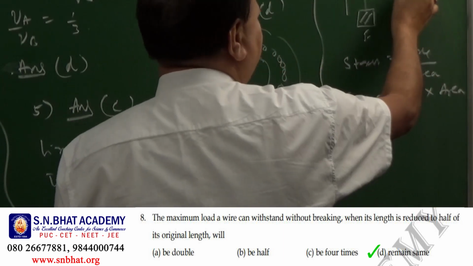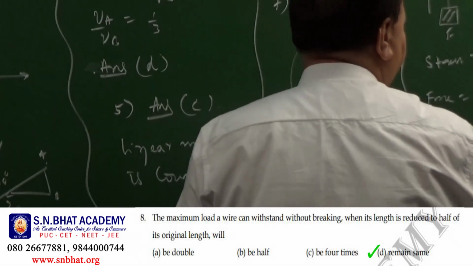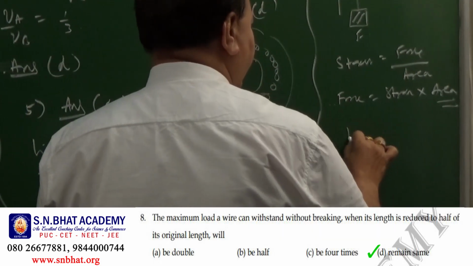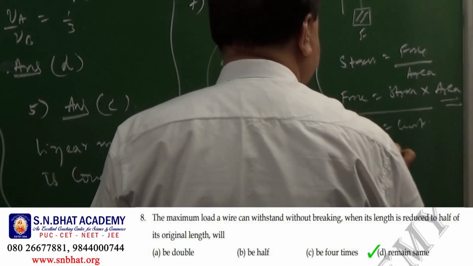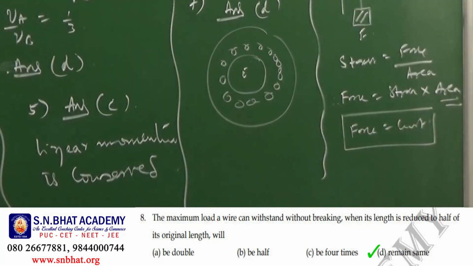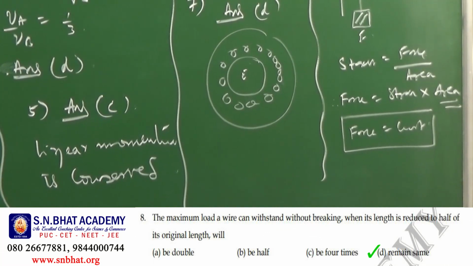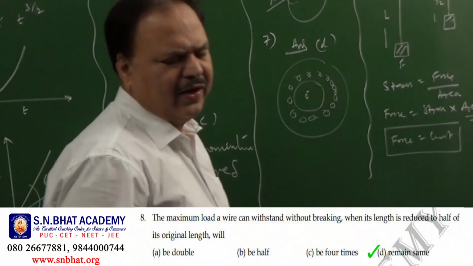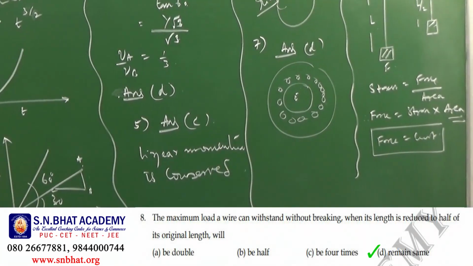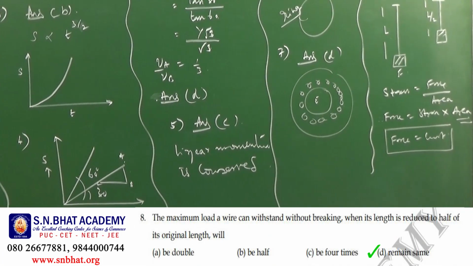Here, what is changing is the length; the area is not changing. Therefore your force remains constant. Therefore you mark the last alternative. Because here the area is not changing, when the length is halved your load remains the same. So you mark the alternative D.